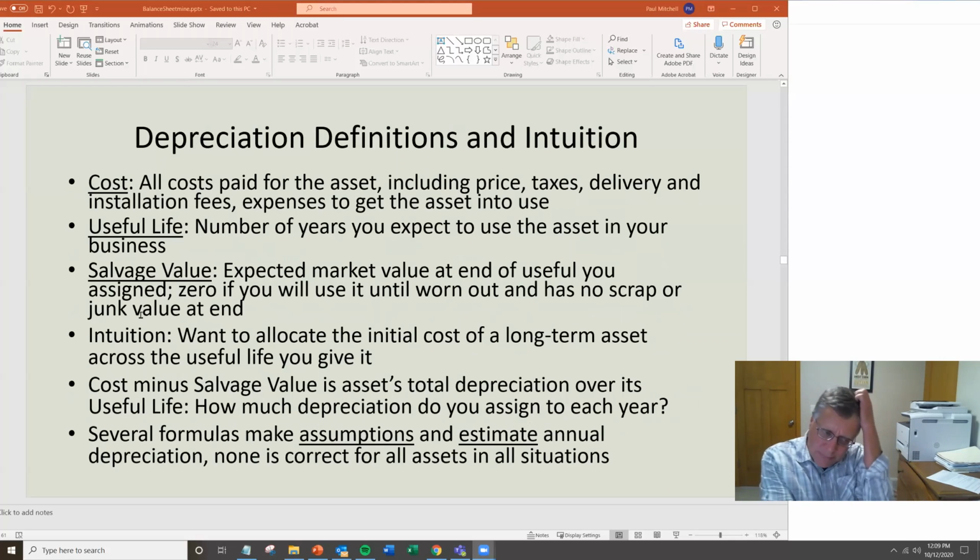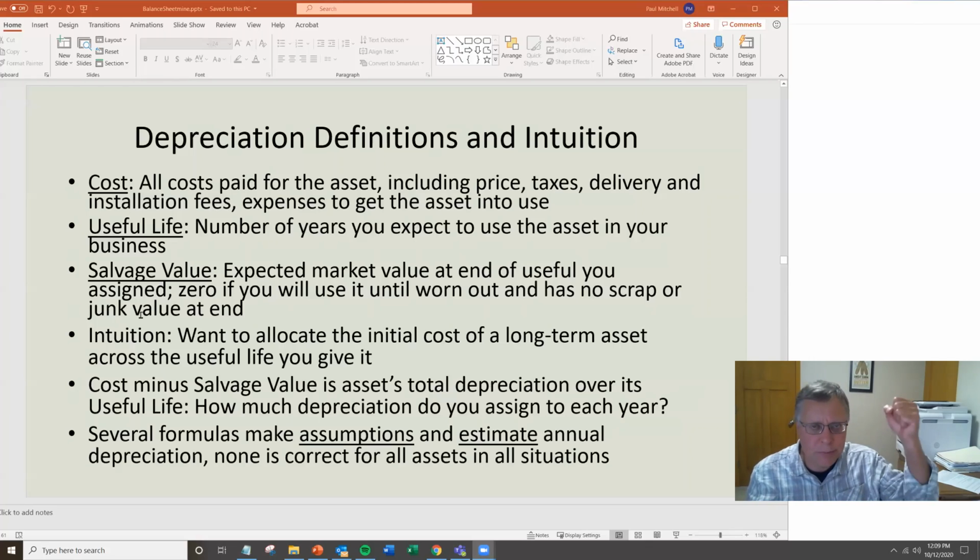To capture this intuition, essentially you've got three things: a cost, a useful life, and a salvage value. The cost is what you paid for it, and the salvage value is what it's going to be worth when you get rid of it or at the end of its useful life. The useful life is the number of years or period of time you're using it for.